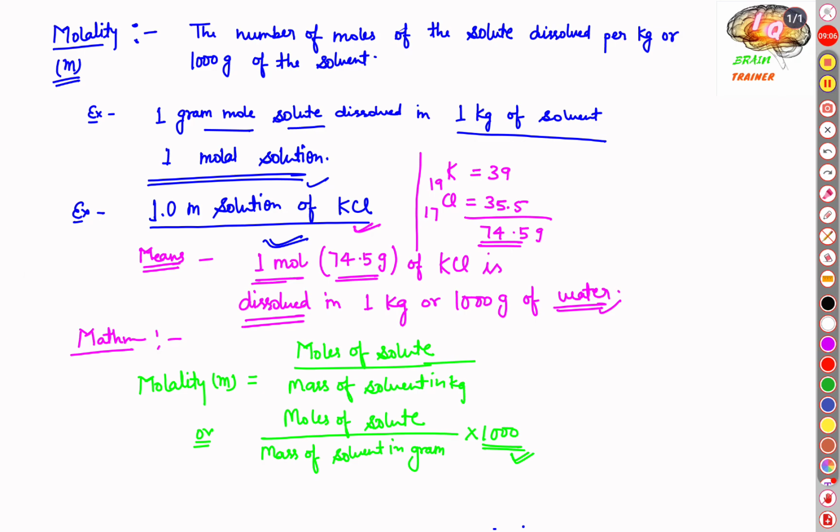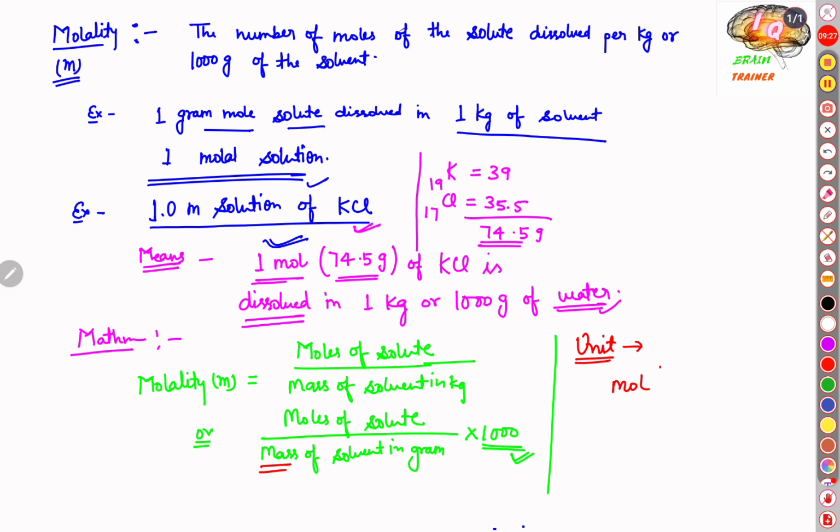What is the unit of molality? We are going to talk about the unit. You know already, moles of solute has the unit mole, and mass has the unit kilogram.